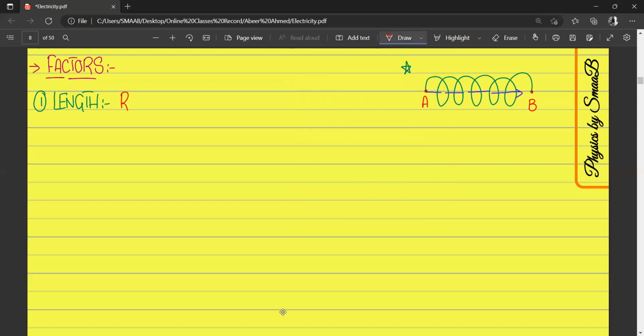So we can write that resistance is directly proportional to the length. Directly proportional means if we increase one quantity, the other quantity will automatically increase, right?